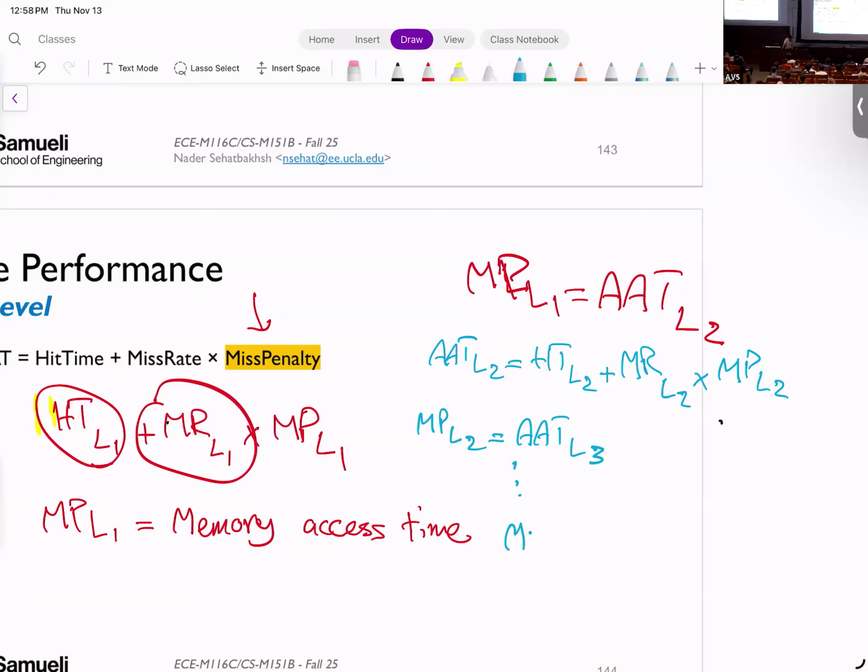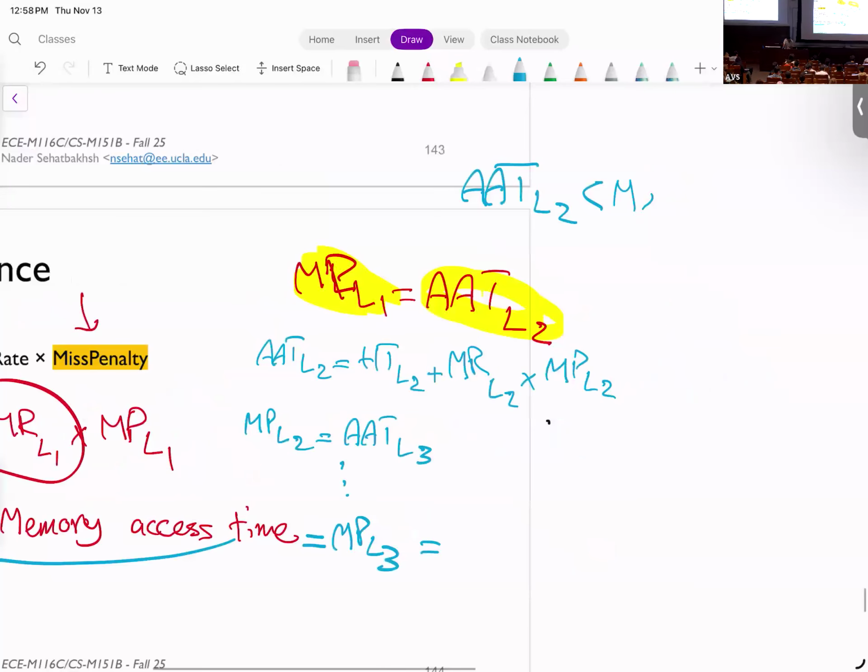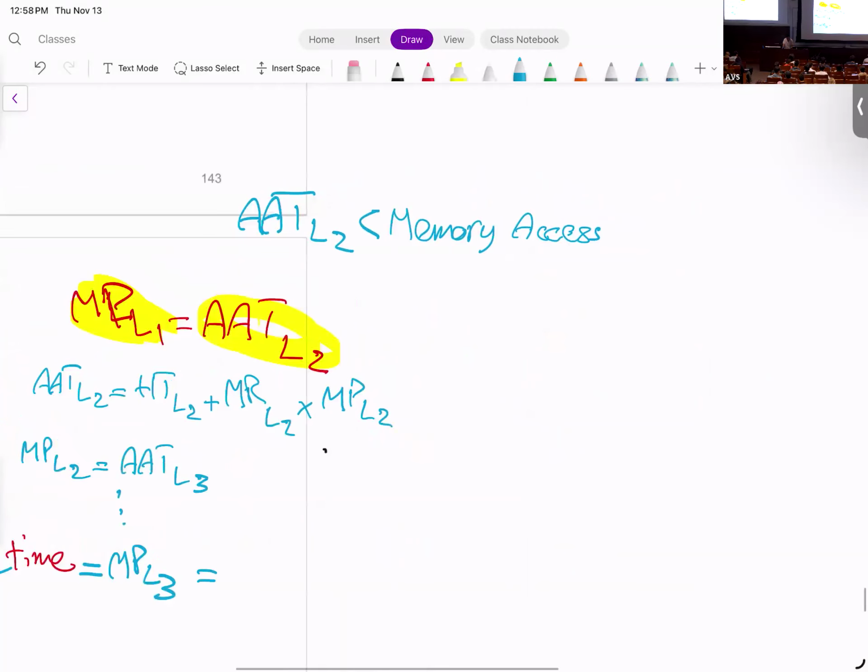At some point, say the miss penalty of level 3 would be equal to the memory access time. So you can basically derive these equations. What is really happening is that by changing this miss penalty to the average access time of L2, if this average access time of L2 is smaller than the memory access time, then you are essentially reducing the miss penalty of L1. Okay? That is what is happening.